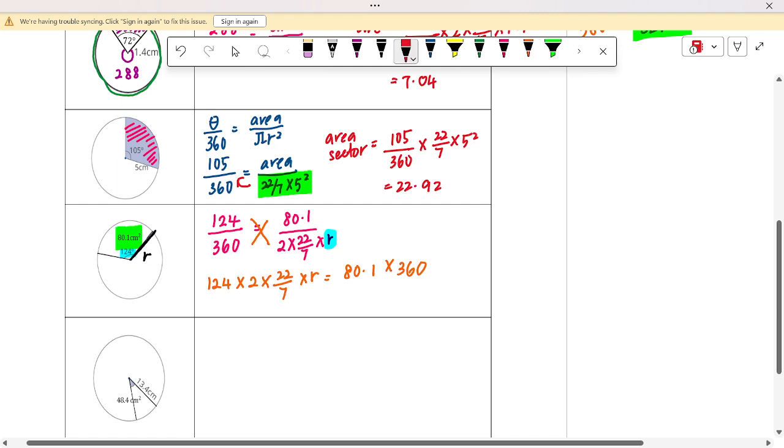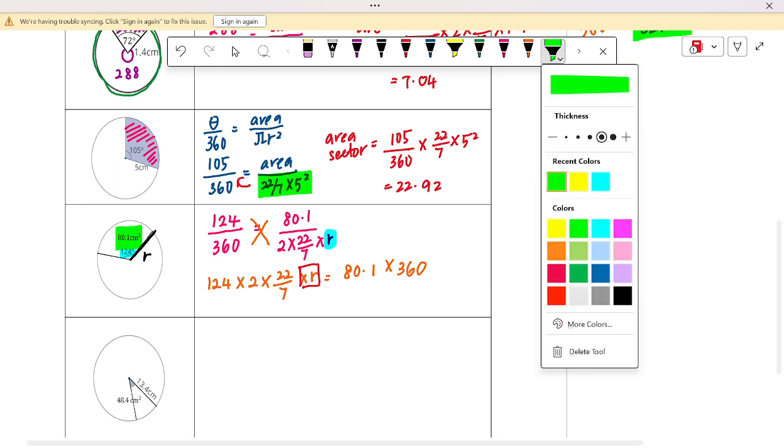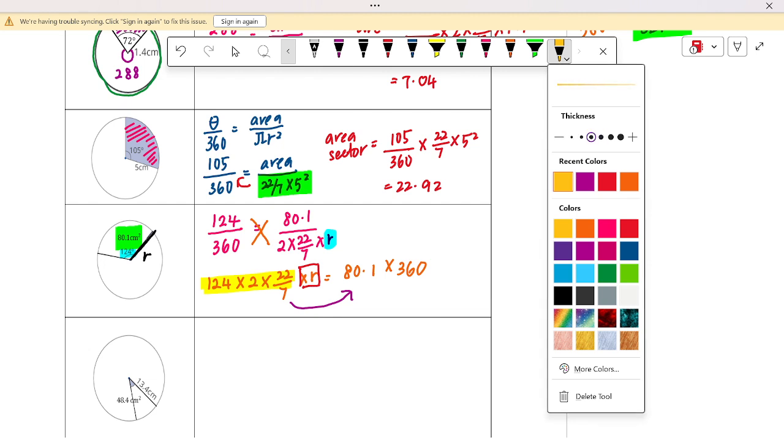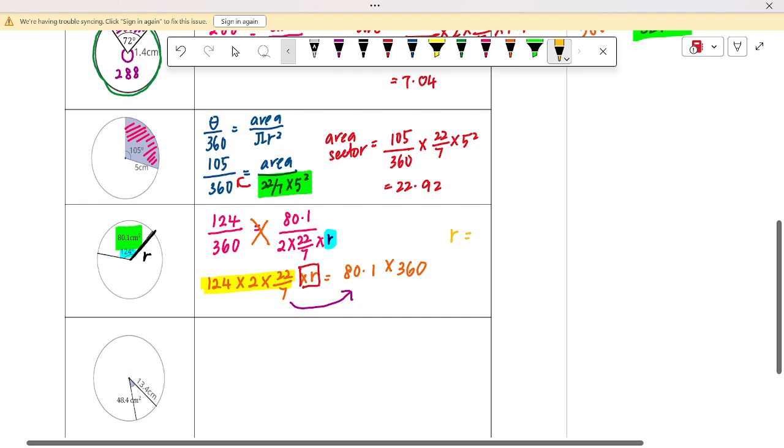Okay, your next step, since you only want to calculate the value of r, the relationship of the rest here is times. So if you're going to bring them on the right side, it will become divide. So how can you do this? The best is to shift all together one time. So your r equals to 80.1 times 360 over 124 times 2.